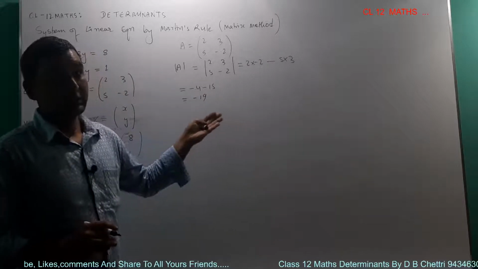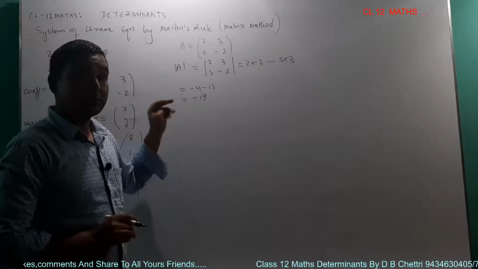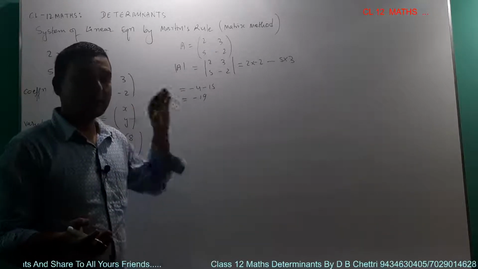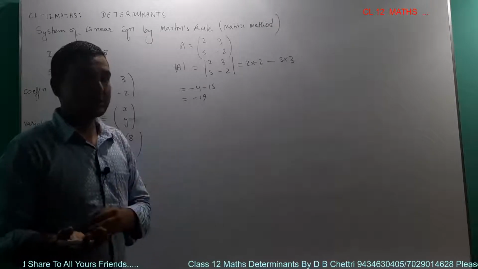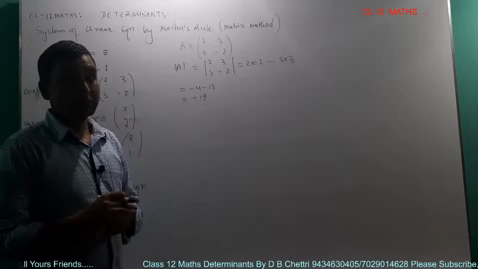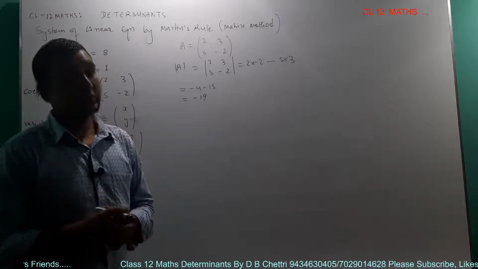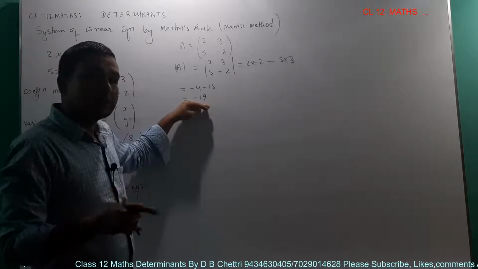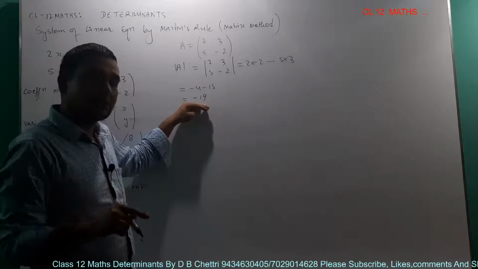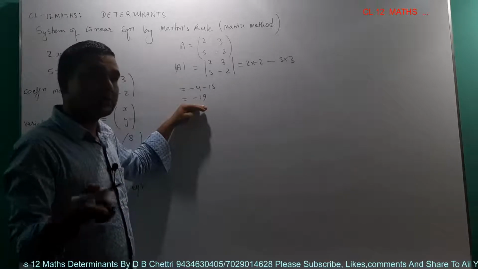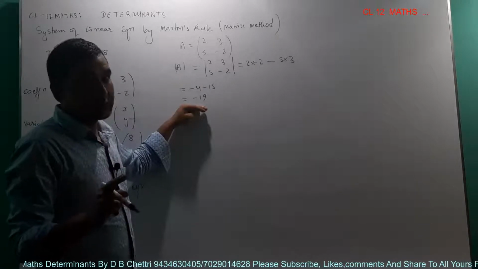Other than 0 means it is non-singular. Non-singular means consistent. If the determinant comes 0, then it is called inconsistent, and it is a singular matrix.